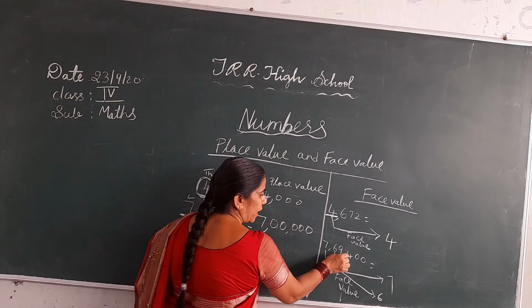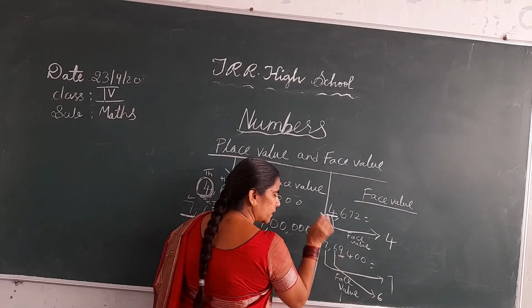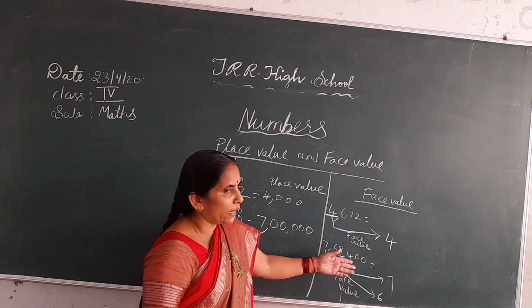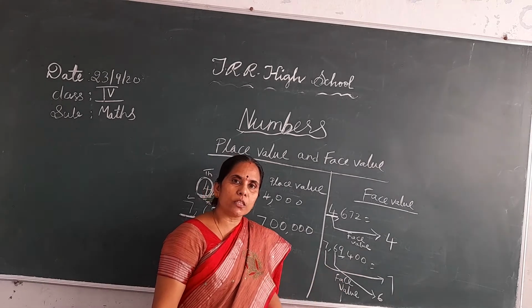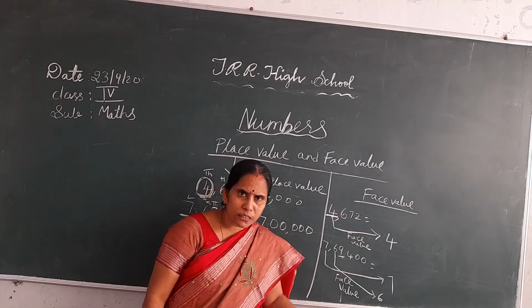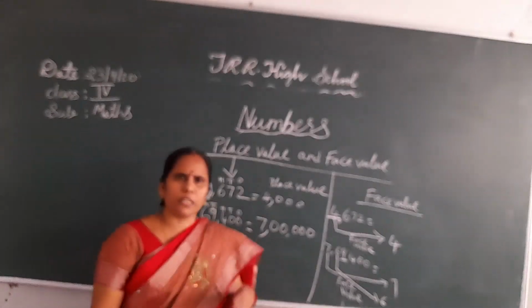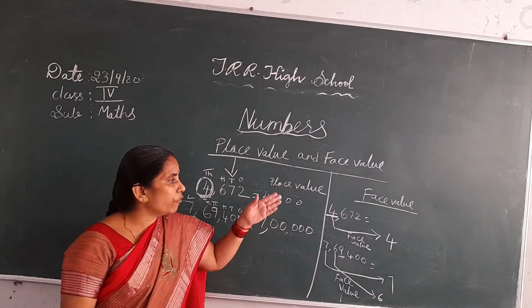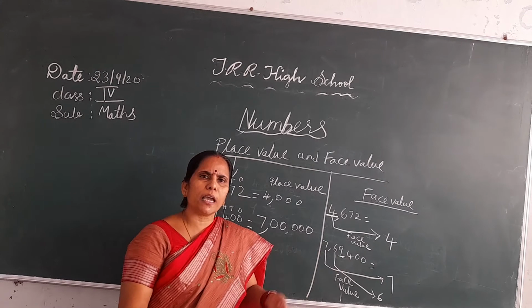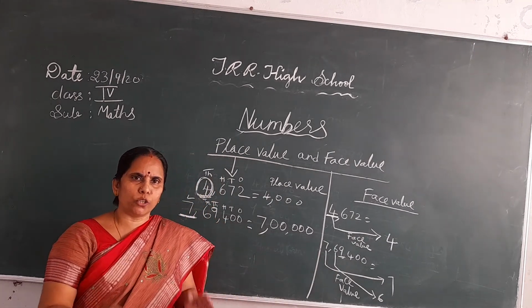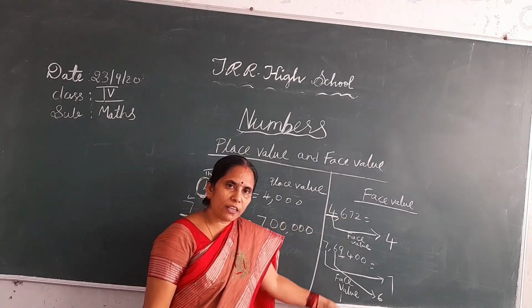The face value of 9 is the same, 9. Let it be in any place, 10,000s place or thousands place or lakhs place or hundreds place or tens place, ones place, any place, the face value will be the same itself. That digit only. This is the face value.